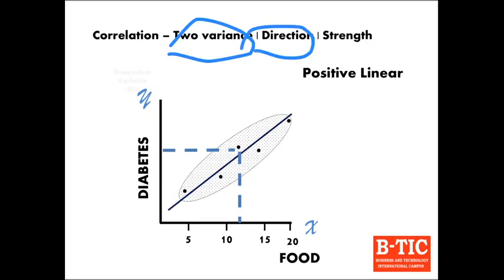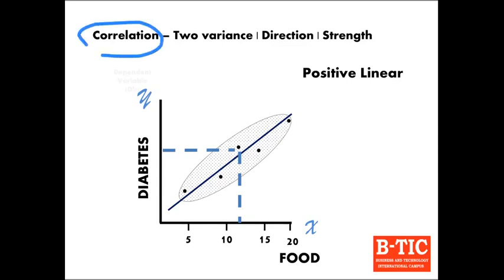If you eat a little bit of food, is that making a big impact on the diabetes or a minor impact? If it's a big impact, we can say there is a positive, stronger relationship. If it is a minor impact, we can say positive, weaker relationship. So correlation analysis analyzes the direction and the strength between those two variables.